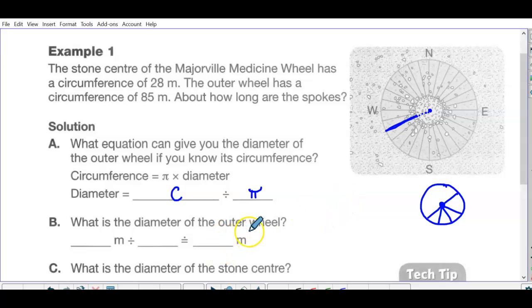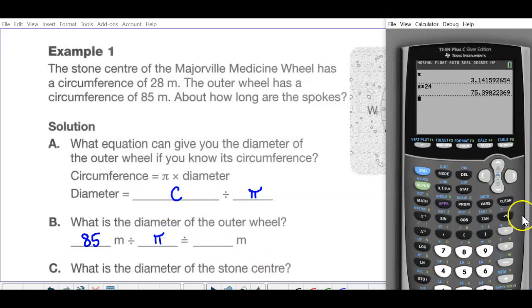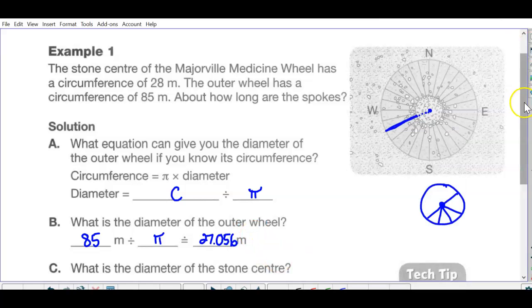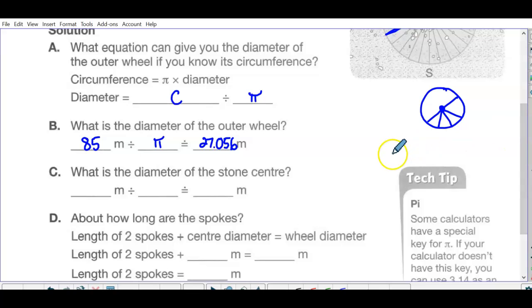So what is the diameter of the outer wheel? Outer is 85 meters for circumference, divided by pi. So let's get our calculator out. 85 divided by pi. And that's 27.056, going a few decimal places. Then what is the diameter of the stone center?